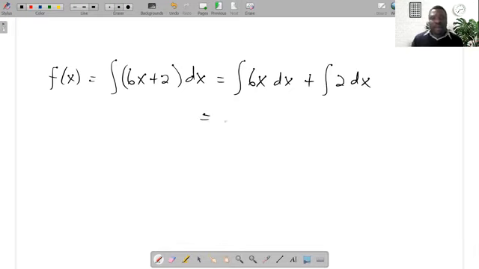From here, we use the power rule. There's a 1 here, so if I add 1 to it, it becomes a 2, and I divide by 2. Now over here, you don't see any variable attached to the 2. It doesn't mean that there's no variable there.